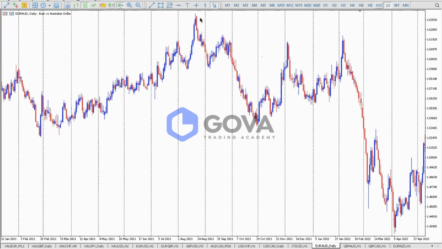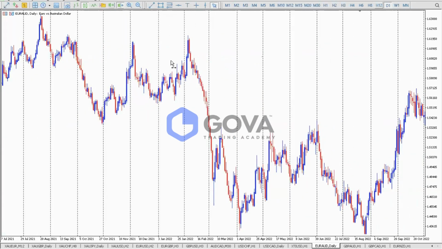You can see here, this is a psychological supply level. Because whenever market price comes into this area, you can see market usually rejects whenever markets come into this type of area. So in the future, if, for example, market price happens to come back into those areas again, you should expect market price to reject the area again.